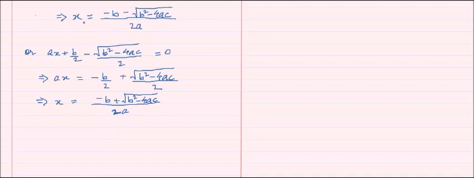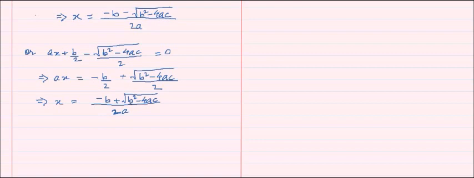So we have either x equal to minus b minus under root b square minus 4ac by 2a, or x equal to minus b plus under root b square minus 4ac by 2a. The only difference between the two values of x is in these two signs. You see minus b over here, also we have minus b.